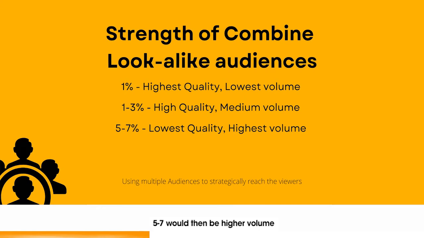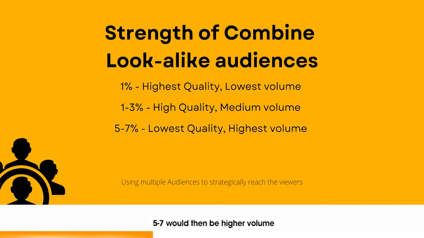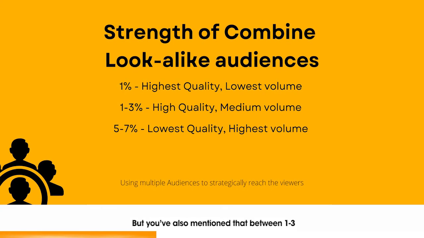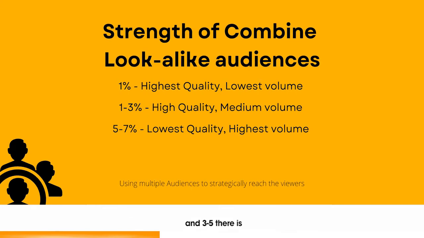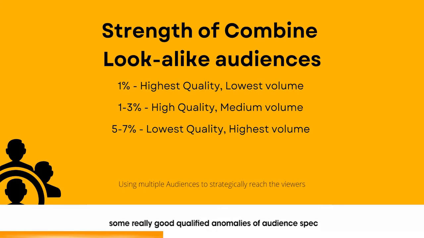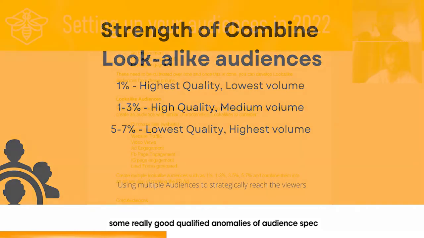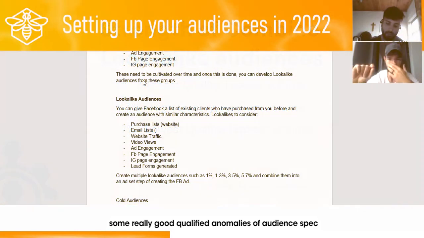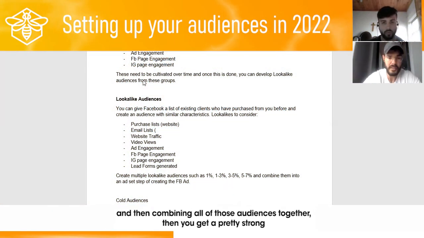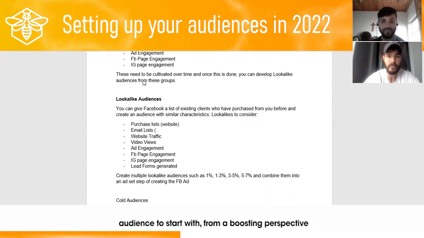The 5 to 7 will be higher volume. But you've also mentioned that between 1 to 3 and 3 to 5, there are some really good qualified anomalies of audience spec.